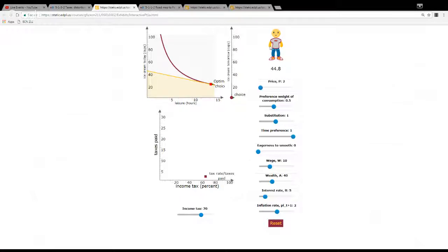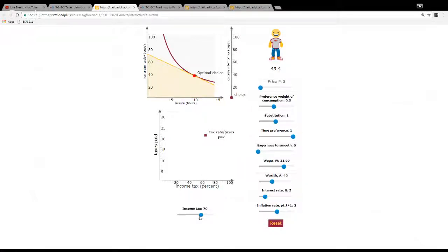So Adam here is working. The price of ice cream is 2. He has some preferences. Let's leave them as is. This story is not necessarily about preferences. Then he makes a wage. Let's give him a little higher wage so he's a little bit more happy. Yay, look at him. He's cheering up already. And then over the wage, he pays an income tax.